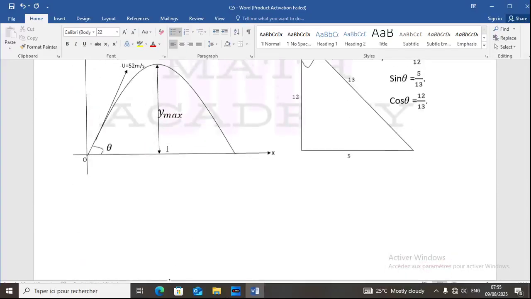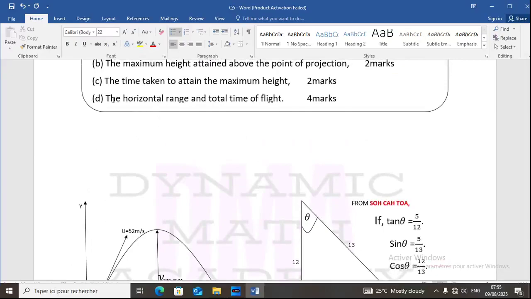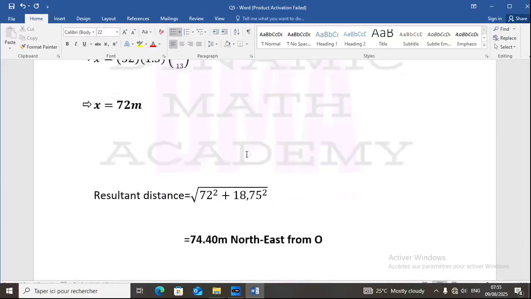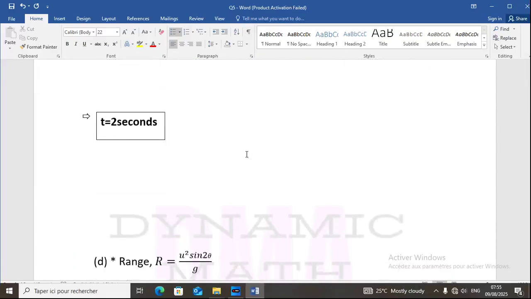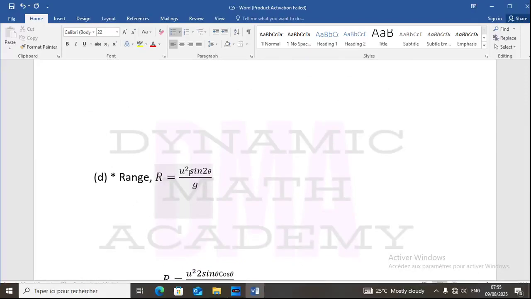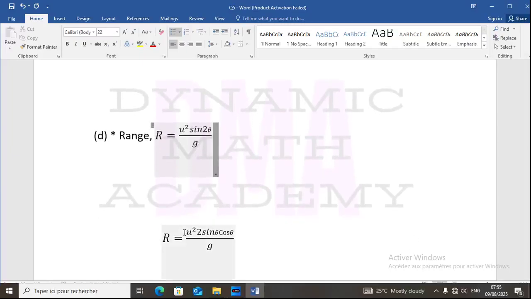Now the last part of the question, we have to look for the horizontal range and the total time of flight. To get the horizontal range, we know that the horizontal range of the particle is given by u squared sin 2 theta divided by g. So if you input the values, before then, sin 2 theta is the same as 2 sin theta cos theta, right?